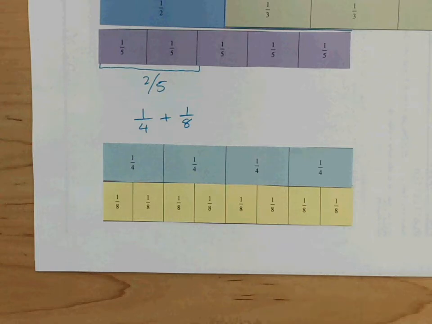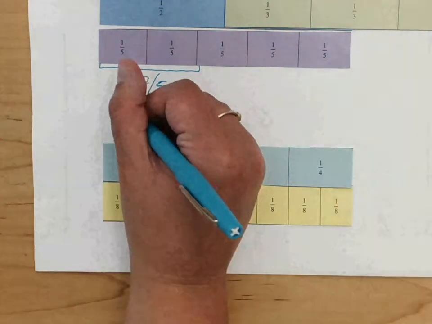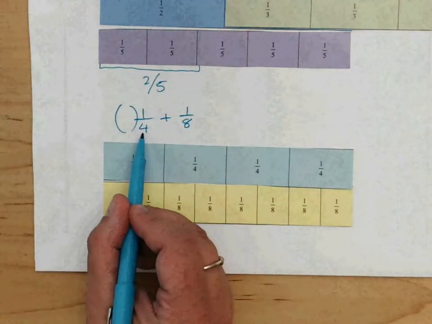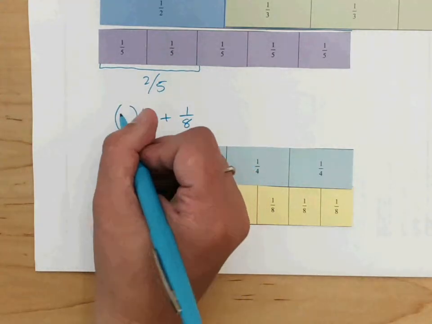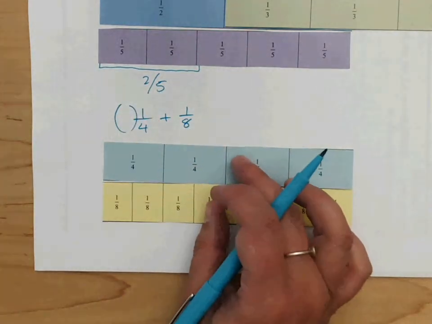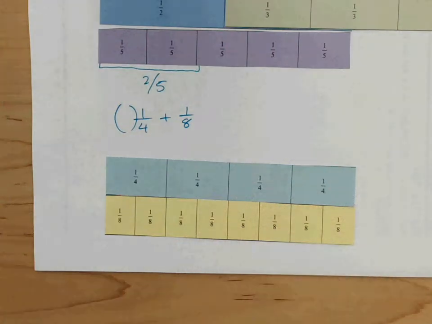Oh, can I make 4ths into 8ths? Why is that? Because 4 divides evenly into 8. So here, because one of the numbers goes into the other one, how many 8ths are equal to 1/4? And what would we multiply by?